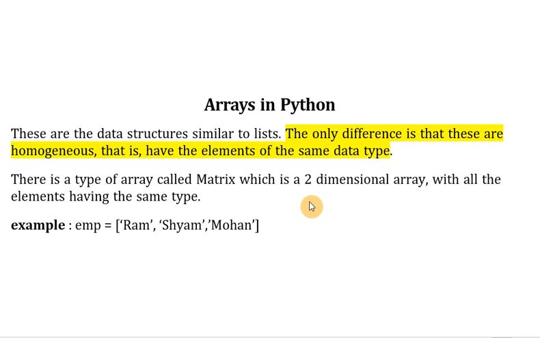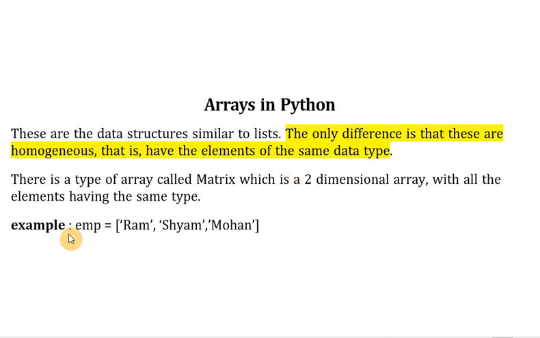Arrays have similarities with lists, but there is one difference. A list can have data of different data types, but an array always takes homogeneous data, meaning it always takes the same kind of data.